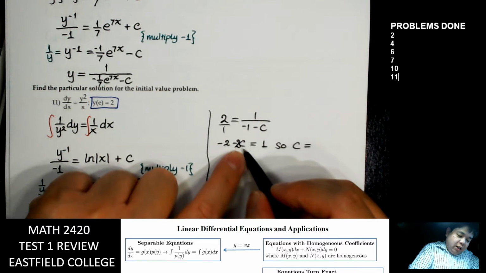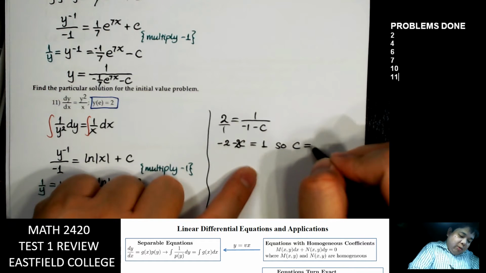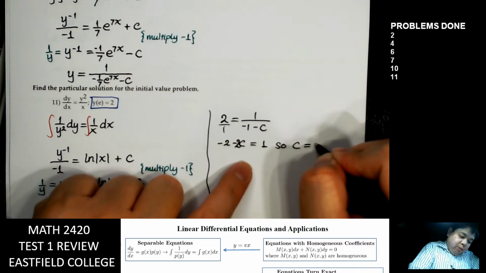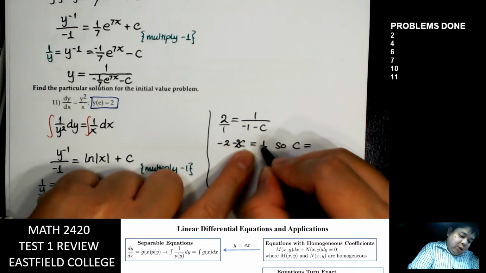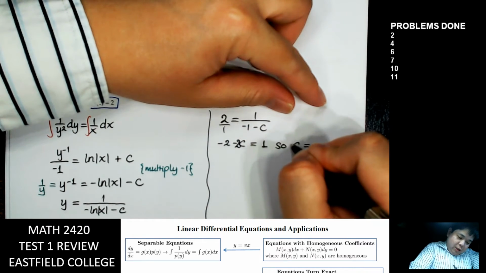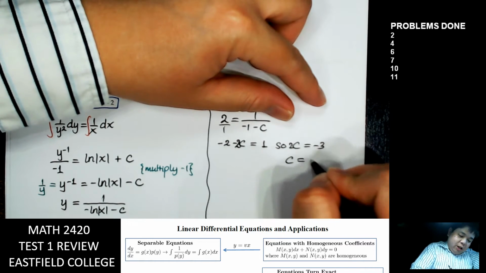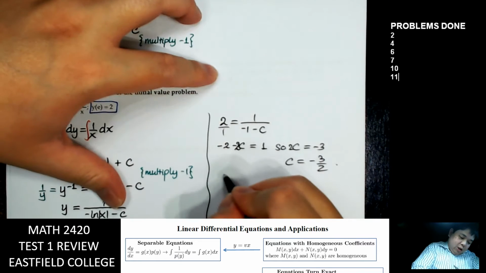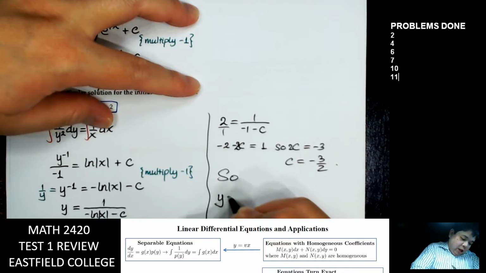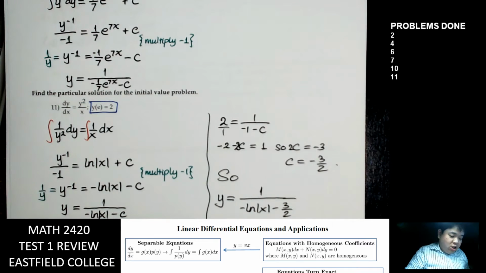So c equal to... 2c equal to negative 3. So c is negative 3 halves. So we have y equal to 1 over negative ln x minus 3 halves. Yeah, definitely we can just leave it like that.